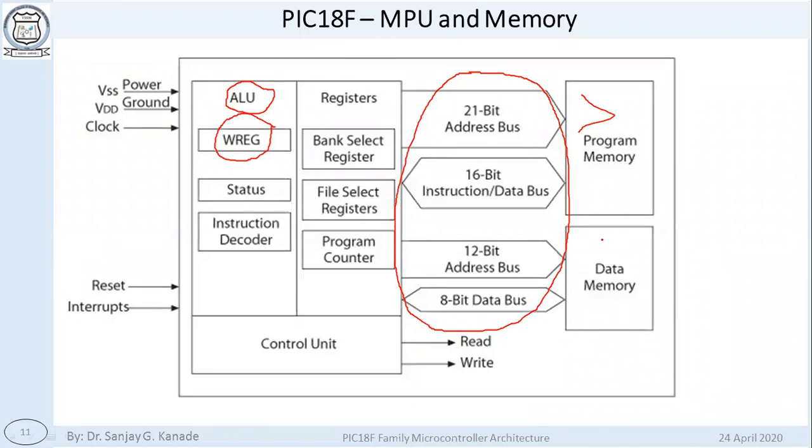Then there are two more buses: a 16-bit instruction or data bus connecting to the program memory, which is bidirectional, and an 8-bit data bus connecting to the data memory, again bidirectional.